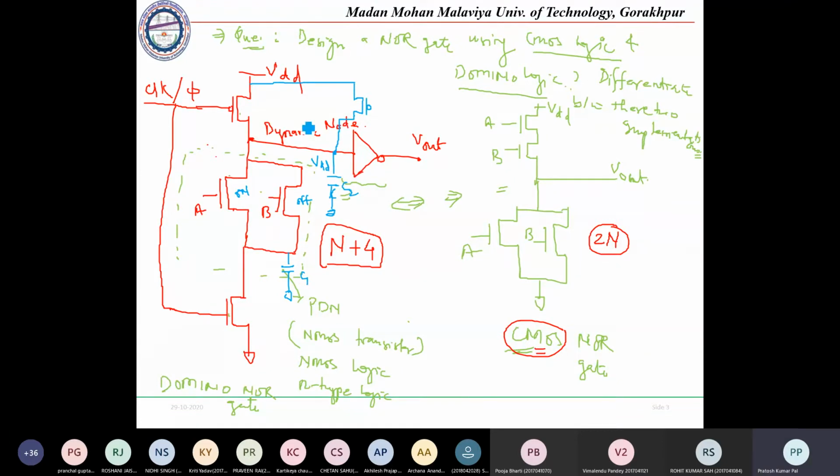Once the sharing of voltage takes place, this voltage value will be decreased. This decrease in voltage value at the dynamic node is called the charge sharing problem.